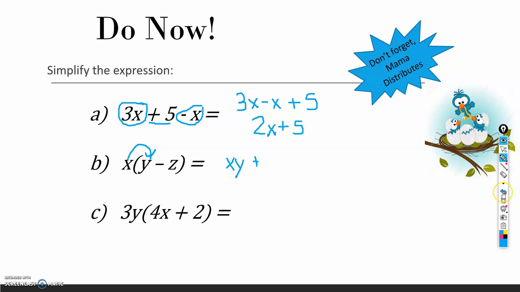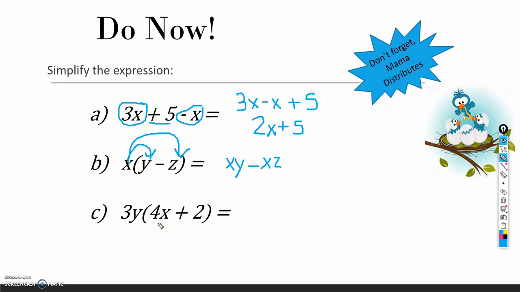So minus, I notice I have a minus sign here, x times z. And I'm done. There are no like terms that I can combine. That's as far as I can go.